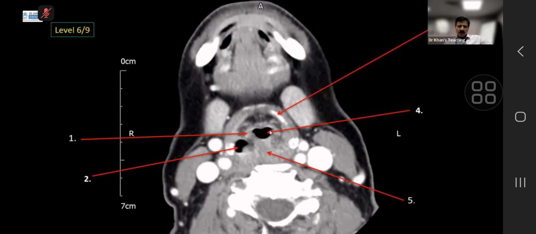And this airway, number two. Okay. Number five, collapsed.